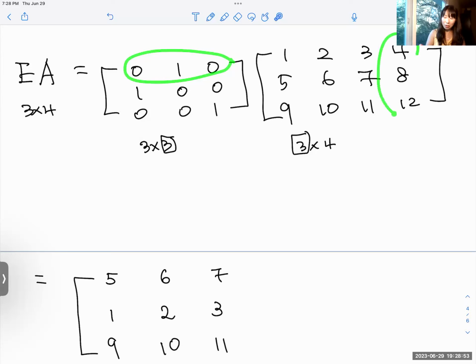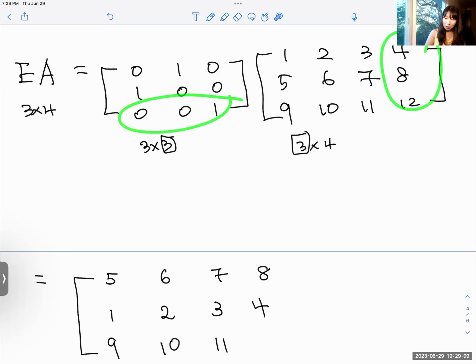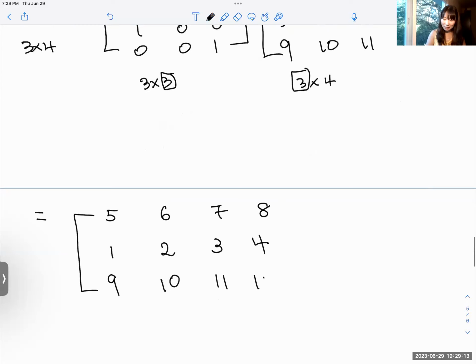First row with the last column, which is 8. And second row with the last one, only 4. Third row with the last one, which is 12, right? Good, the person checked that it is correct. Good job.